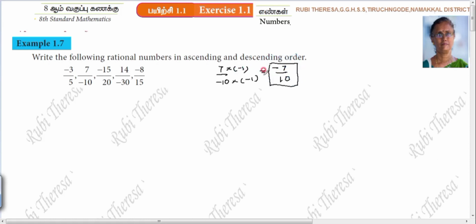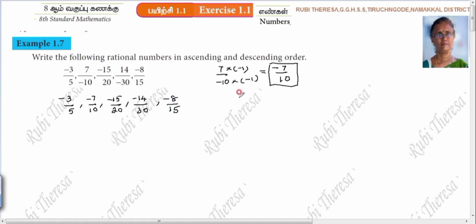So while you are taking the LCM and making the denominators the same, you had better change the denominator into positive. There should not be negative numbers. So what is it actually? Minus 3 by 5, minus 7 by 10, minus 15 by 20, minus 14 by 30, minus 8 by 15.